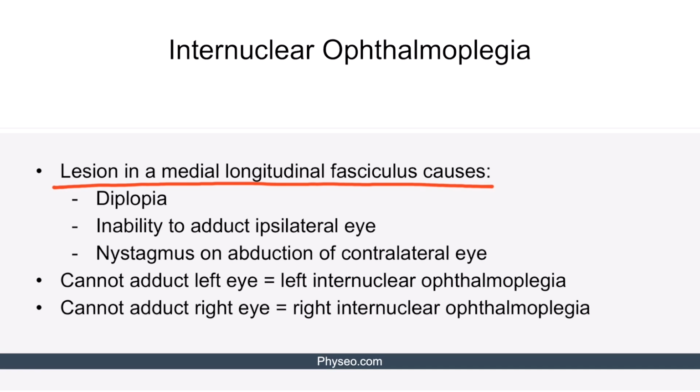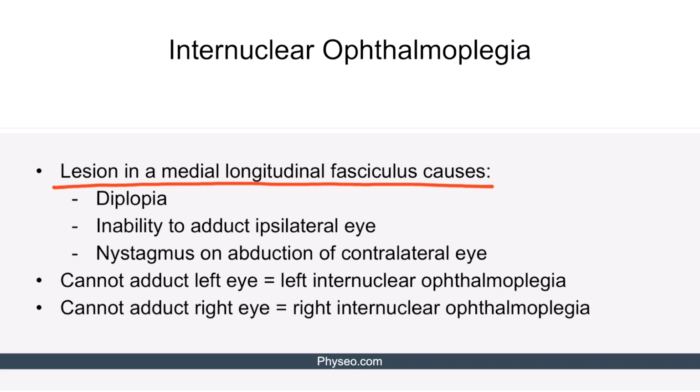Each eye has its own medial longitudinal fasciculus that allows for fast communication between cranial nerve 6 and cranial nerve 3, meaning both eyes can move to the right and left on the horizontal plane in tandem. When there's disruption of a medial longitudinal fasciculus, the horizontal eye movements become desynchronized, which leads to diplopia, or double vision. And that makes sense, because if both eyes aren't looking at the exact same spot, but are looking at two different areas, then patients are going to have diplopia.